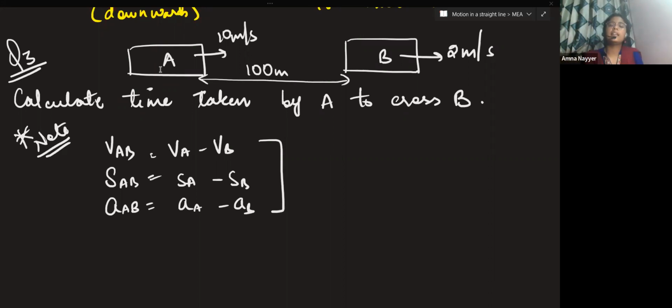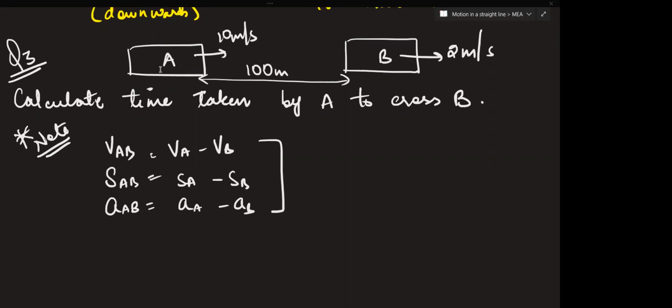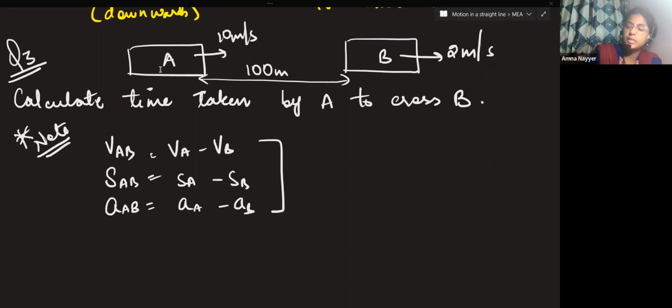Relative velocity, did relative velocity come out by anyone? Relative velocity you could have calculated. 8 meter per second. How much, Aisha? 8 meter per second. Exactly, it is 8 meter per second.